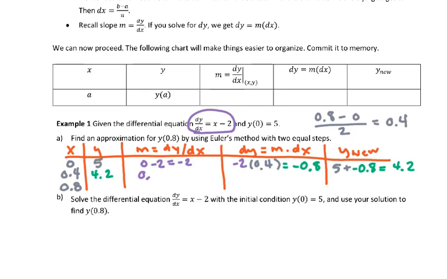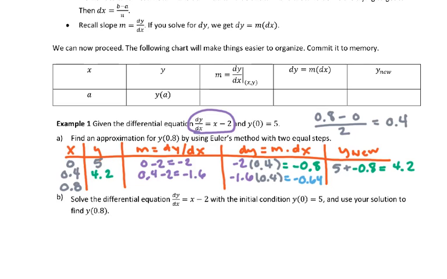So this is going to be 0.4 minus 2, which is negative 1.6. I'm doing that change for 0.4 of a step, which gives me something kind of gross, negative 0.64, I guess.